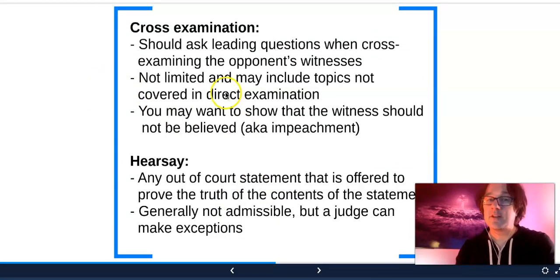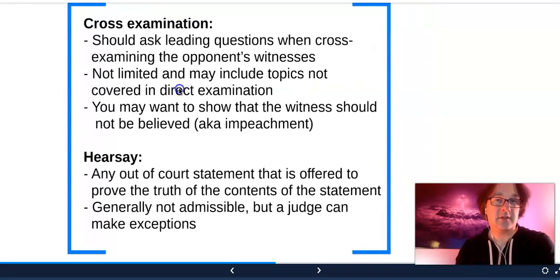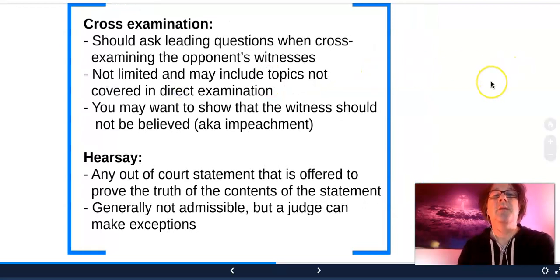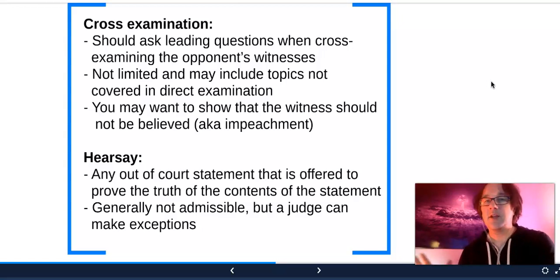When it comes to cross-examination, you should ask leading questions when you're cross-examining your opponent's witness, and you're not limited to just the information that was mentioned in direct examination. So cross-examination may include topics that weren't covered in direct examination.